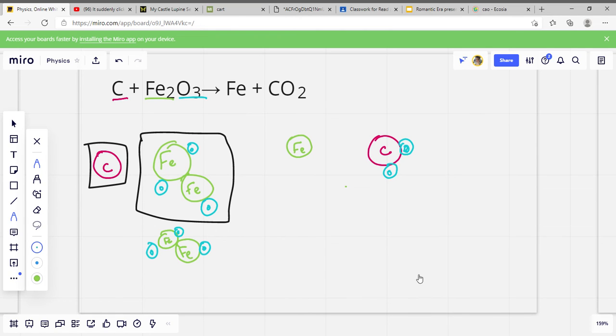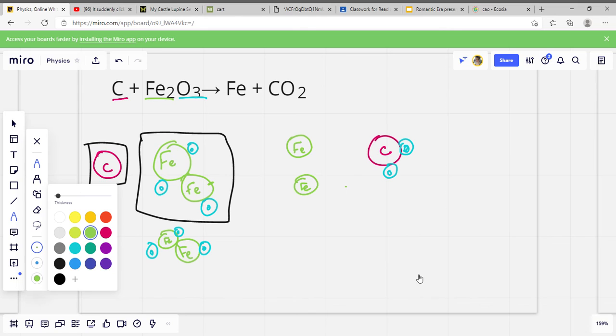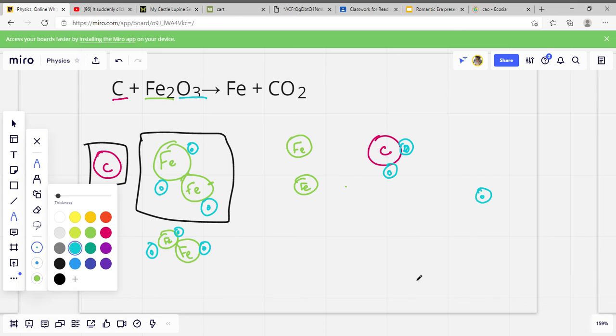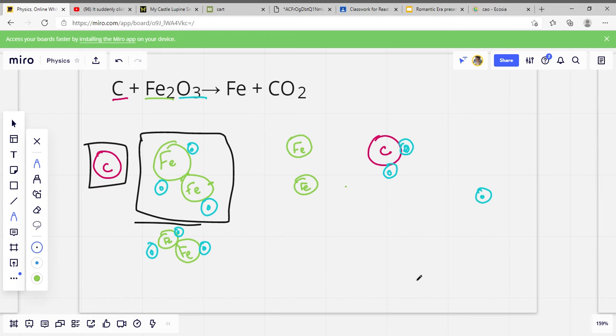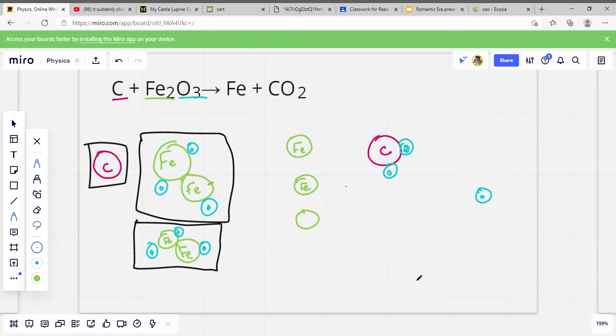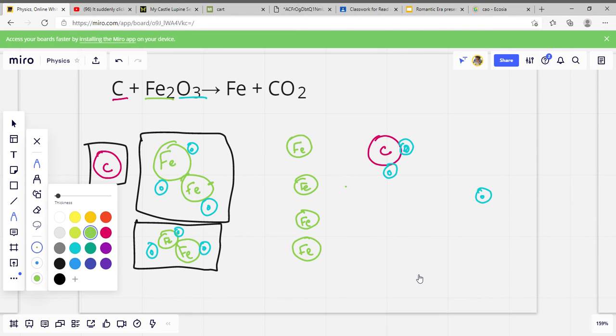Okay, so that would give us, alright, so right here, this one we have to write in. And then we had 1, 2, 3 in that top one, so we already had an extra oxygen. Alright, so now once we added this other molecule right here, that gives us another 2 more Fe, and it gives us 3 more oxygens.